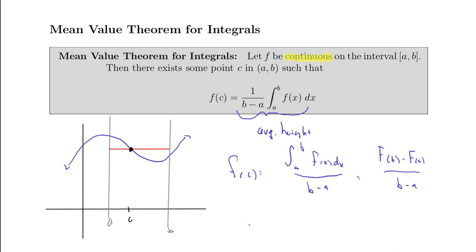And doesn't this kind of look like our mean value theorem? This thing here is equal to this thing here, especially when you notice the relationship between little f and big F. Little f is big F prime, right? Big F is an antiderivative. So this is exactly the mean value theorem, just restated and repackaged using integrals instead. So there's really nothing new about that.